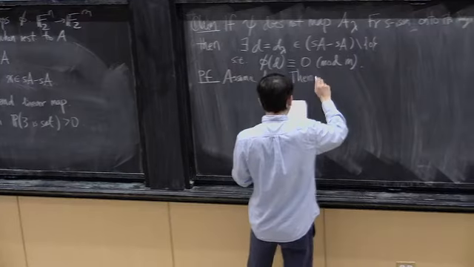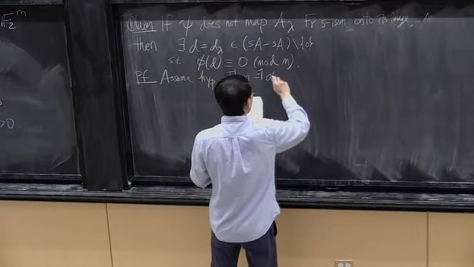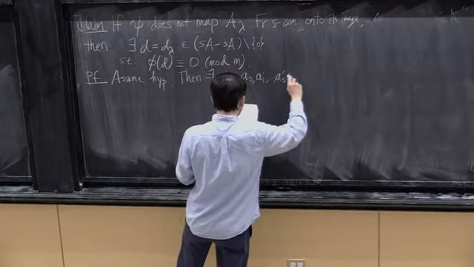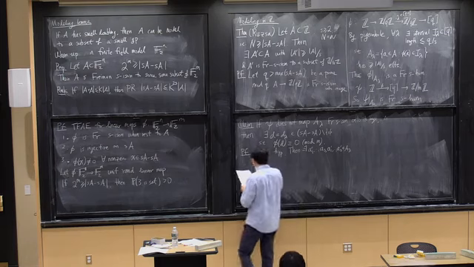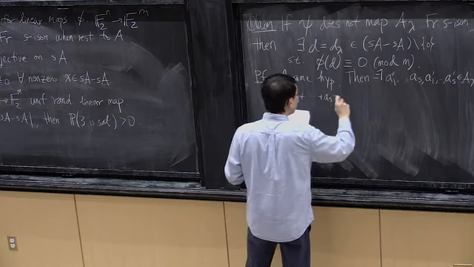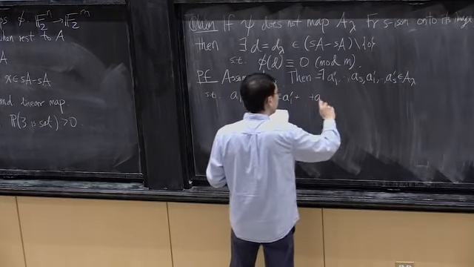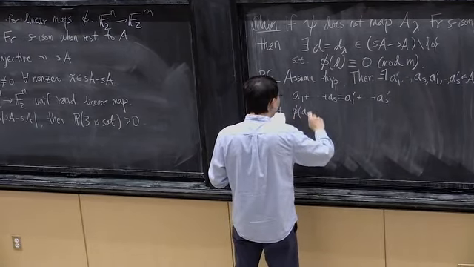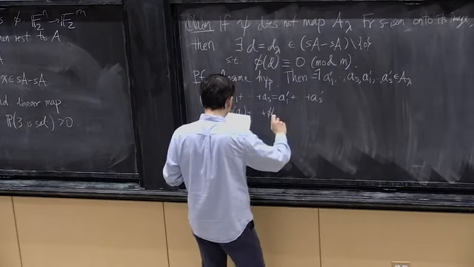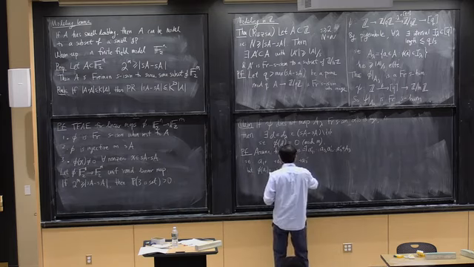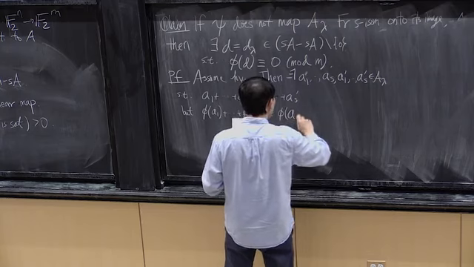Then there exist a1 through as and a1 prime through as prime in A lambda such that they do not have an additive relation, but their images do have this additive relation. Now, their images having the additive relation means that phi has this additive relation mod m.